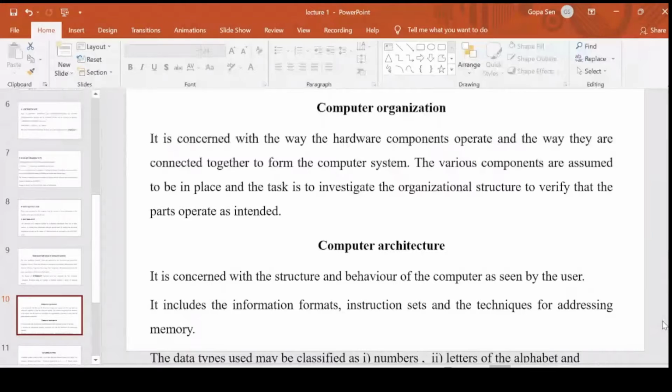Now, what is architecture? Computer architecture is concerned with the structure and behavior of the computer as seen by the user.